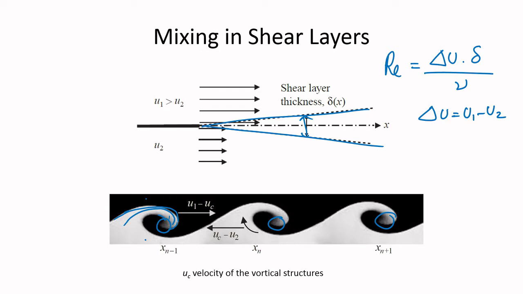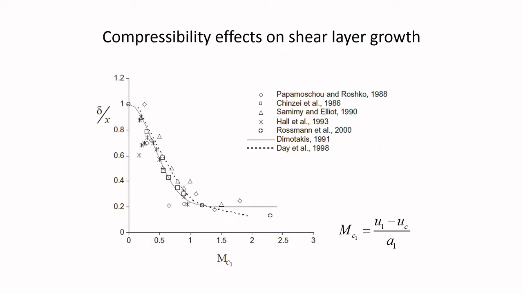And here we can do different kinds of analysis. You can define a convective velocity, which is the velocity of these vortices that are moving, etc.